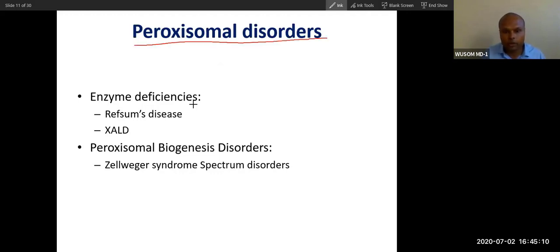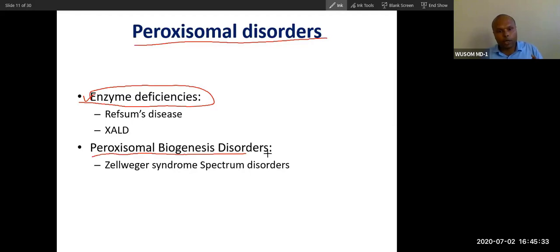Peroxisomal disorders can be categorized into two groups. One group is enzyme deficiency. If a peroxisomal enzyme is deficient, only that particular pathway will be affected. But the second type of disorder is called peroxisomal biogenesis disorder. There are certain genes called pexin genes, called PEX.